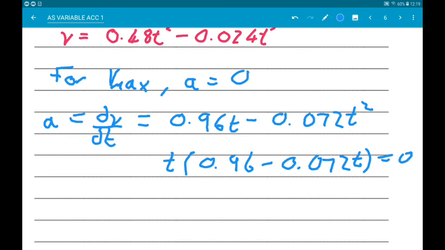Now this then tells us either t is equal to 0, but that was just the car being at rest. So the one that we are interested in is t is equal to 0.96 divided by 0.072.